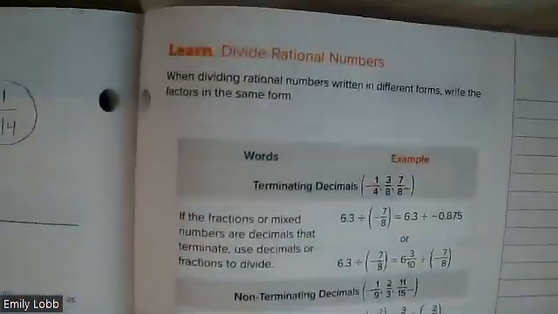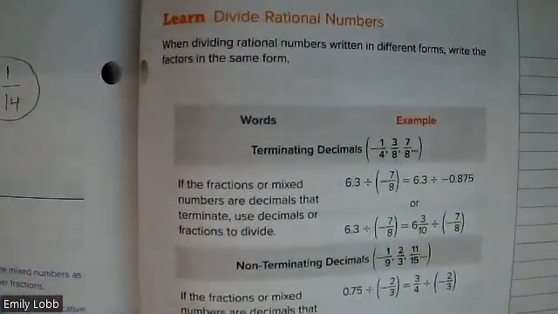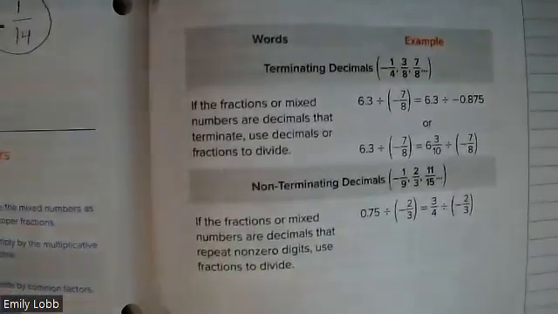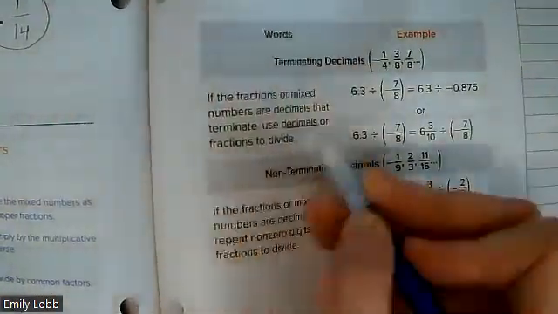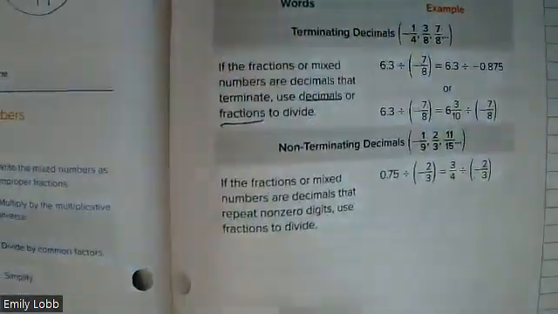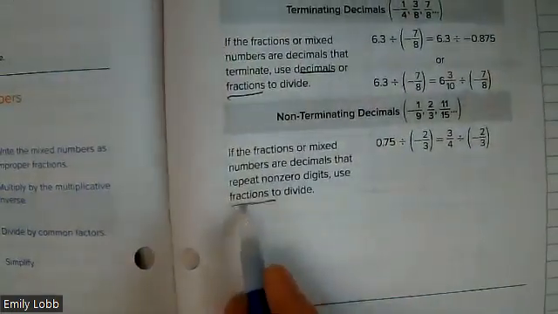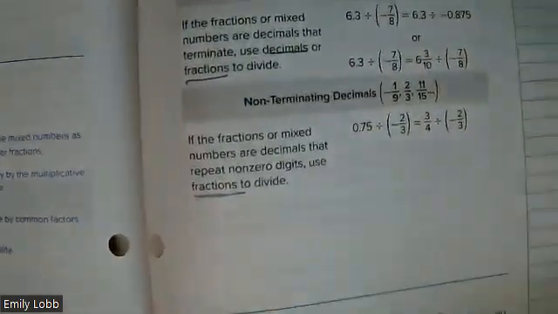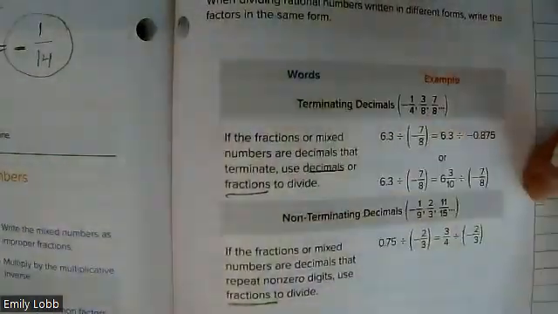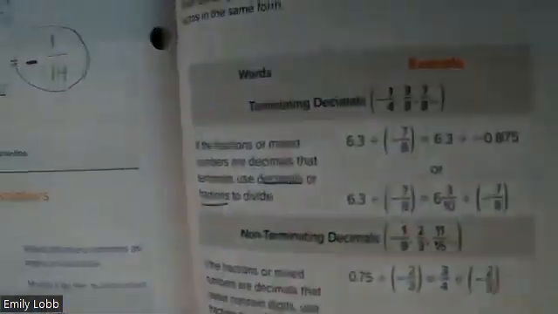All right, so terminating decimals, again, if they're terminating, we can use decimals or fractions. If they're repeating, we can only use fractions. Same thing like we had with addition, subtraction, and multiplication, we now have with division. That's all that's saying.